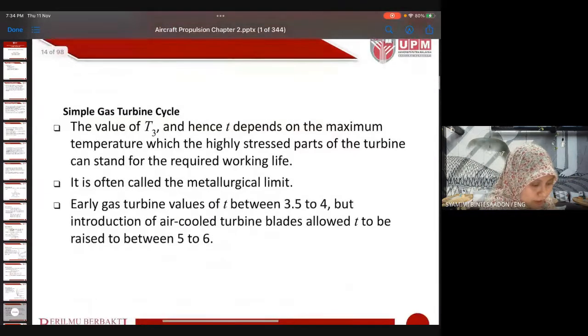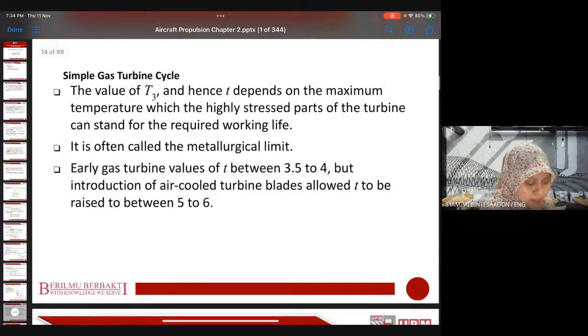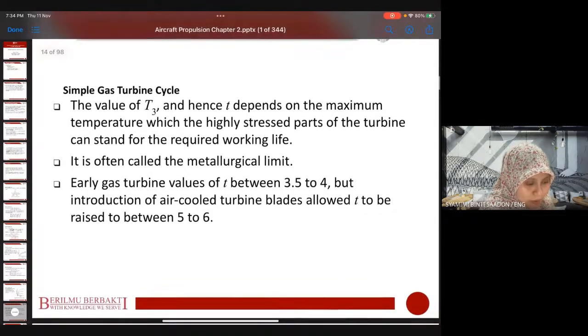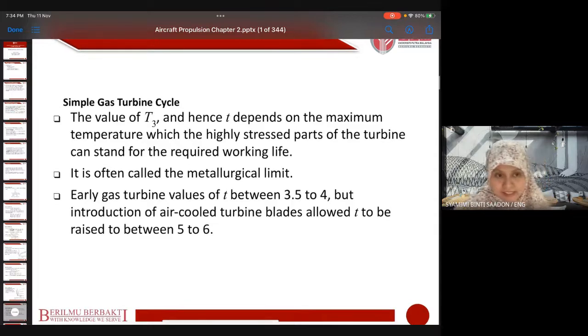What is the value of T3, and hence t? It depends on the maximum temperature which the highly stressed parts of the turbine can stand for the required working life. This maximum temperature is very crucial for a turbine, because the turbine blade can only withstand a certain maximum value.